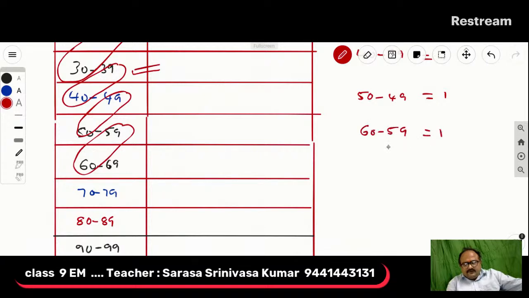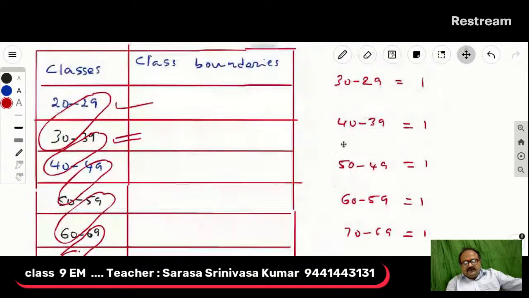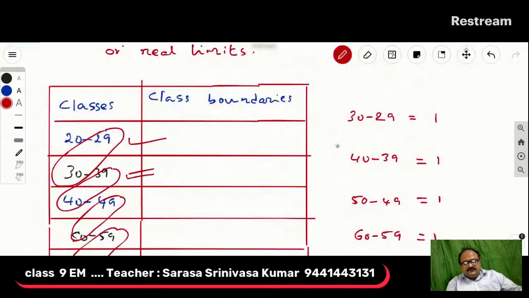This is equal to 1. And also 70 minus 69 equal to 1. You consider this, so you can understand what is the difference.